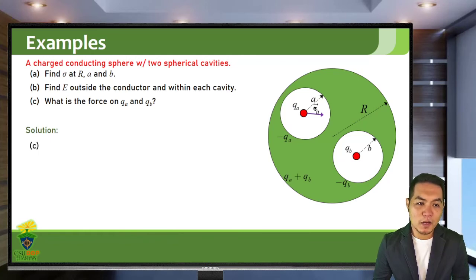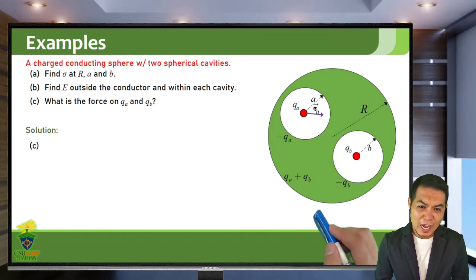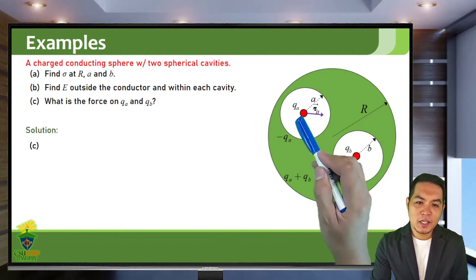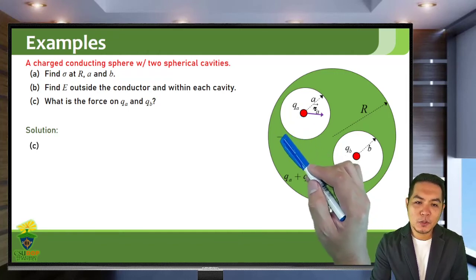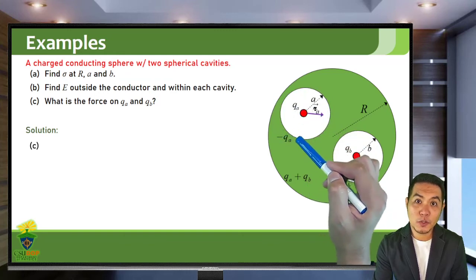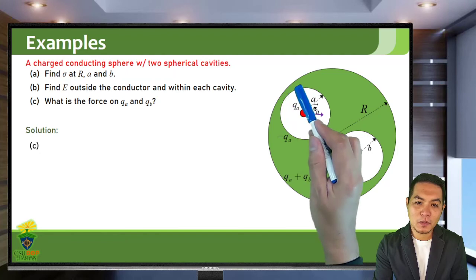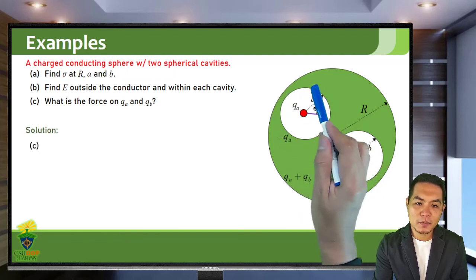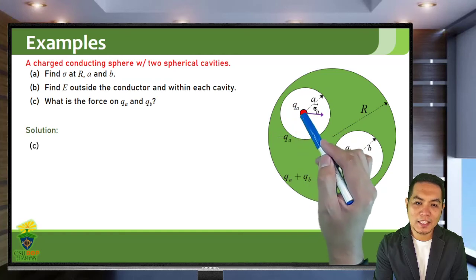For the last problem, what's the force on QA and QB? Let's first start with QA. You will notice how many forces are acting on QA. There will be a force due to the surface charge distribution here, the induced charge negative Q, but you will notice that the force due to this surface will be symmetric, so the contributions cancel each other out.